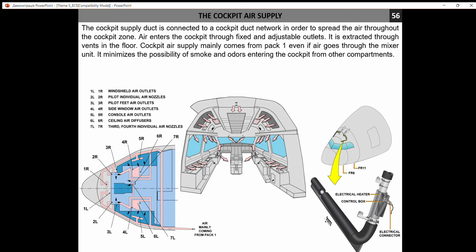But we talk about the inside controlling, so we talk about protection from vapors appearing on the cold windshield. So you may notice that air is going through these pipelines and heats and removes condensation from the windshield.